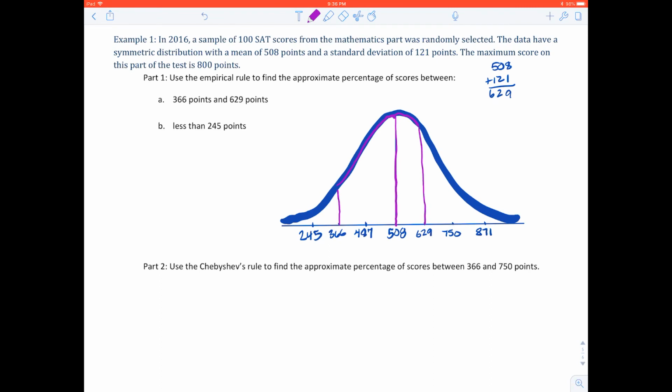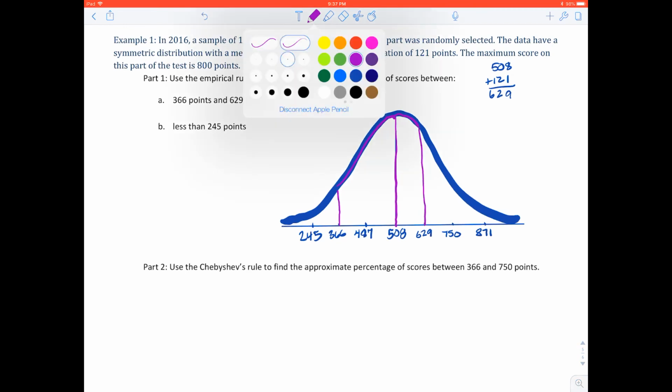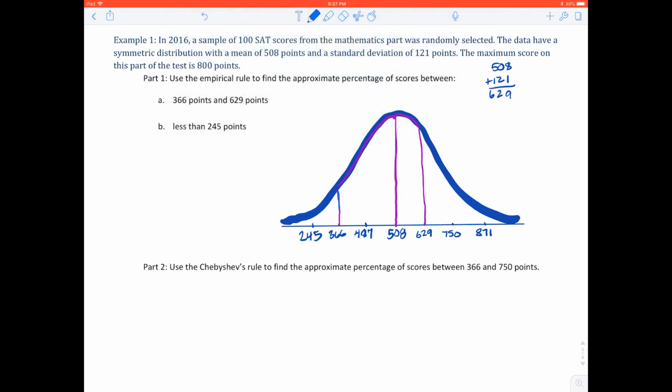If you remember what we looked at before, 95% of values fell within 2 standard deviations, and 68% fall in here. So those are included in what we're interested in.